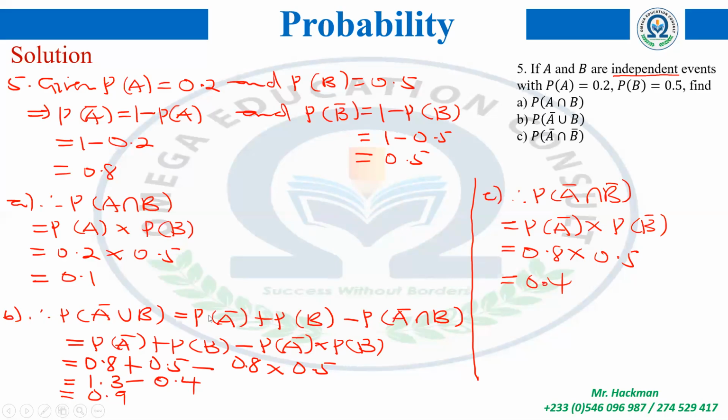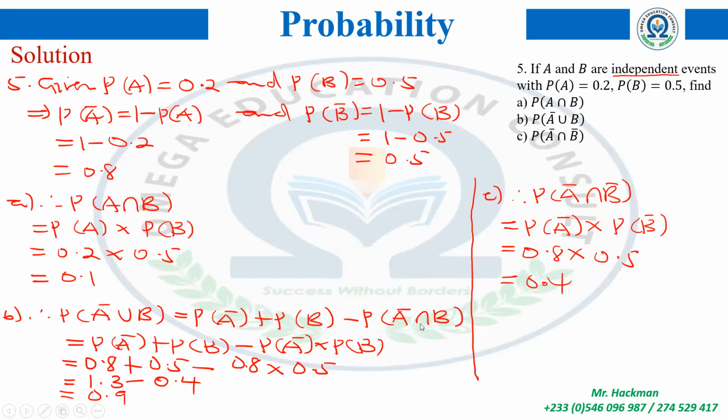Hello, are you with me? Are we all fine with this statement here? Yes, please. If you are not, please let me know. Because this is coming from just the non-mutually exclusive events union. At this point, you are told that the events are independent.